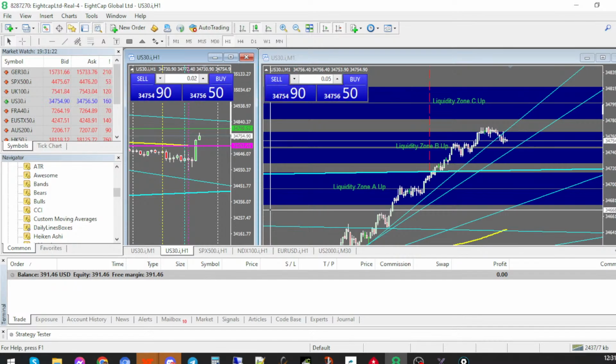So over the period of the last year, I was able to put them together in a system, and I realized that what that system showed me was how the price used these distances to move and create price action.